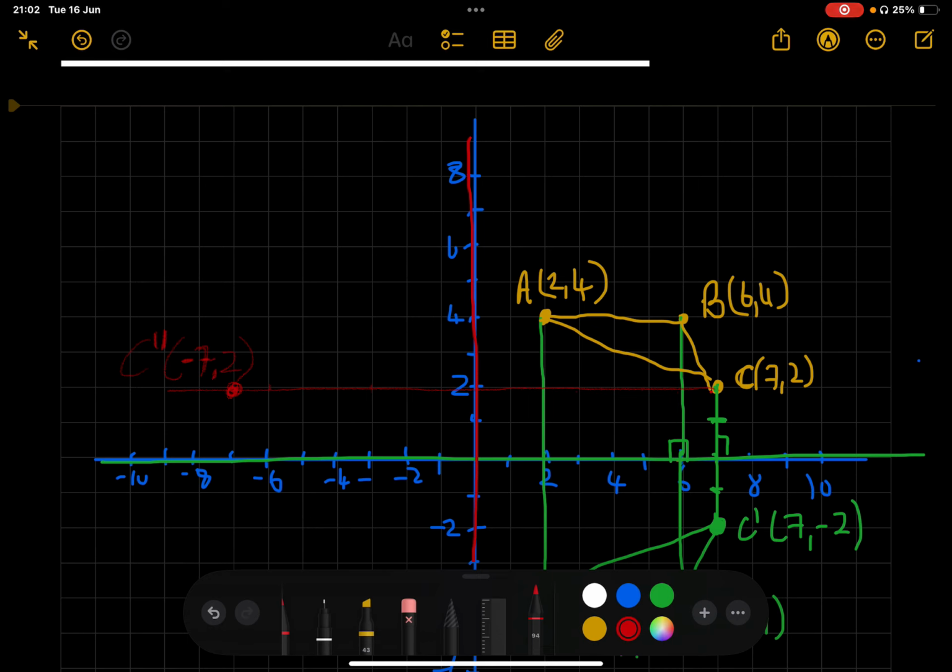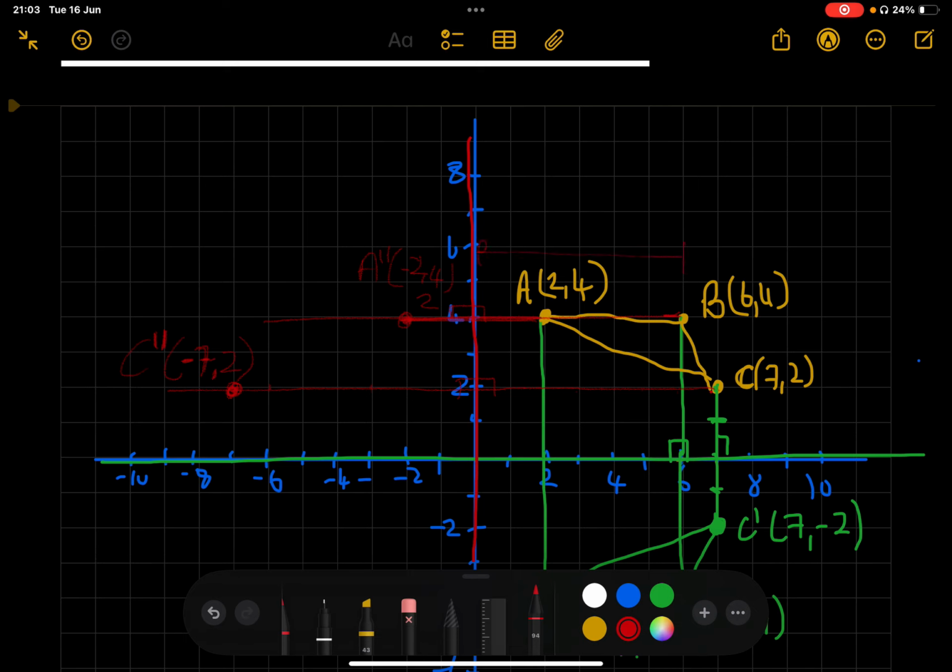Okay. For A, we reflect. So again, these are right angles. When we reflect through here, so this was a length 2, so this should also be a length 2. So A prime prime will be minus 2, 4. And then for B prime prime, it's from here all the way over here.